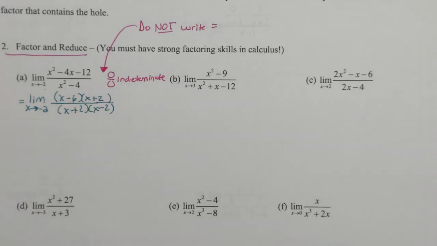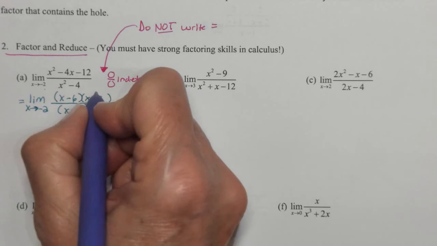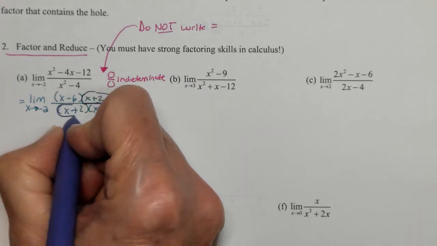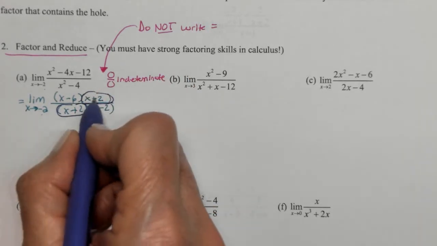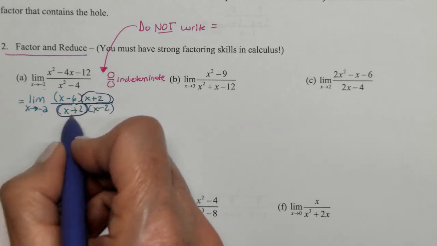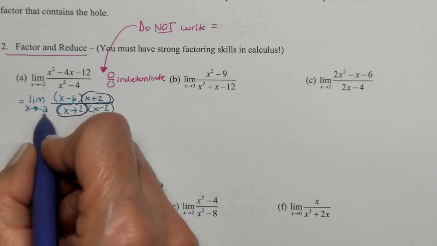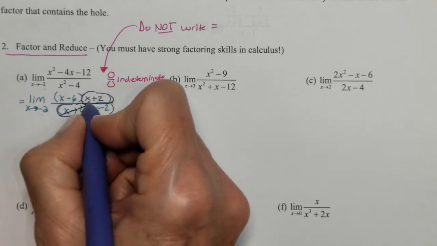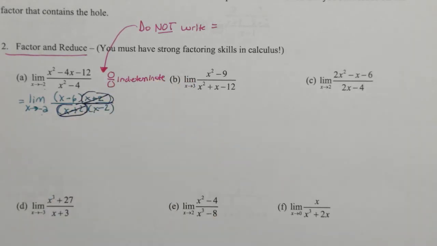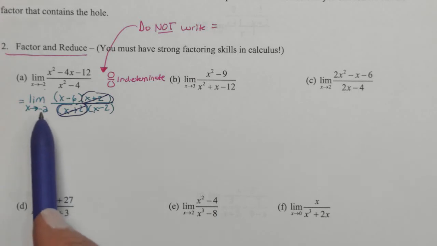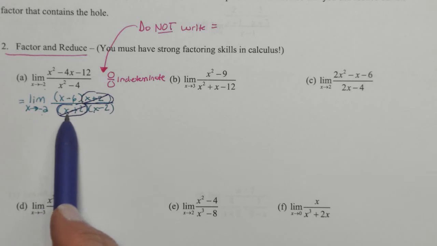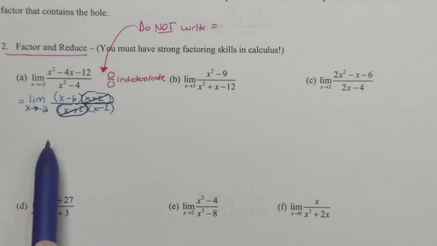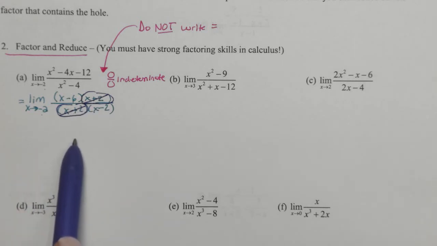And I have found my hole. My hole is when x is negative 2. So x plus 2 are the two same factors, which is when x is negative 2. I'm going to cancel those out, which I can do because I'm only approaching negative 2. I'm not equal to negative 2. Normally you could not cancel those out, you leave them.